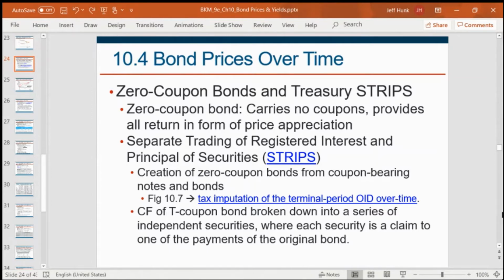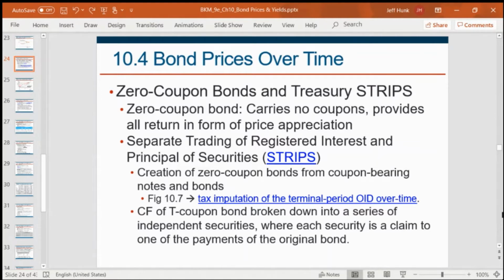So now think about it. You request the Treasury, instead of paying you $1,000 as coupon payment, just give me a $1,000 zero coupon bond instead.